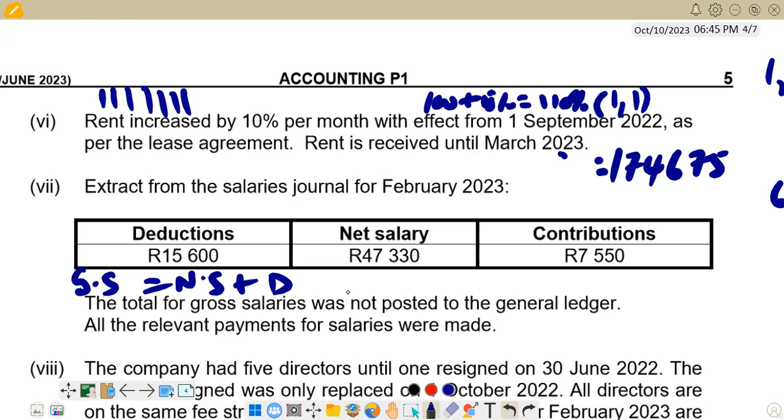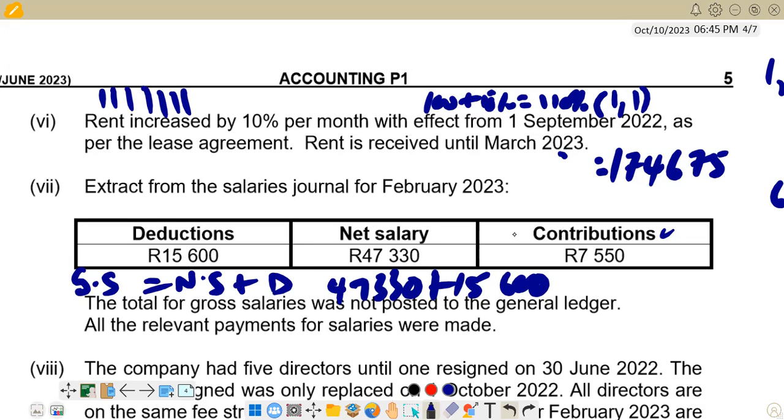So our net salary is 47,330. Then we add our deductions, which is 15,600. The contributions that we have here are inside these deductions, so we are not going to add 7,550 of contributions.